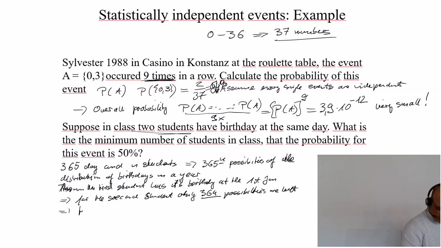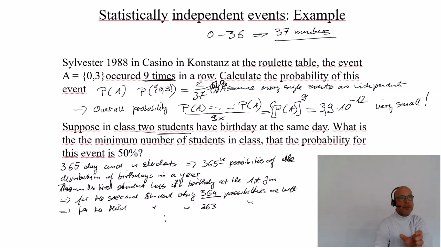Then, of course, for the third student, only 363 possibilities are left, and so on. So for every new student entering, we obtain always one possibility fewer than before.